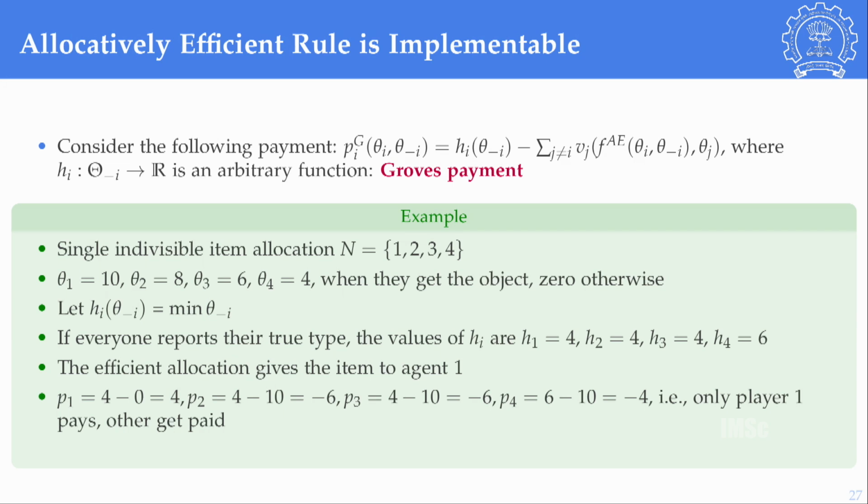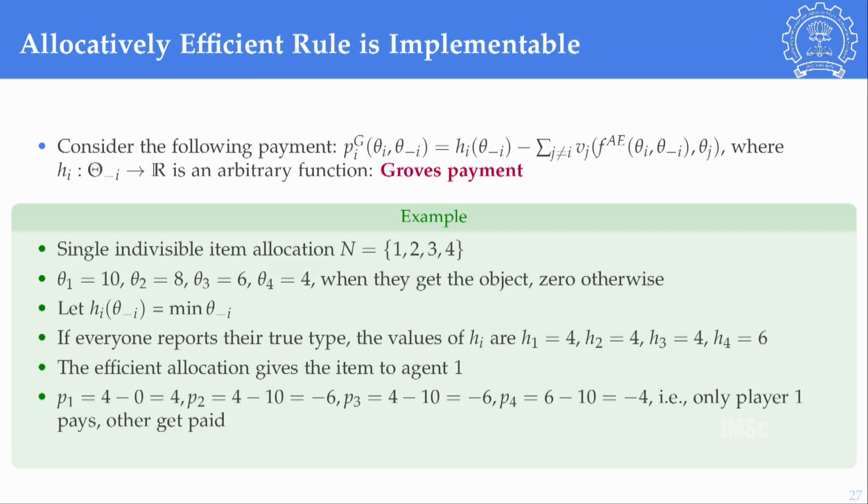This is the convention: whenever it is positive, that means player 1 is paying to the auctioneer or the mechanism designer, while for player 2, let us look at this. Now it will be H2, and H2 we have calculated as 4, but minus what should be this sum when we are looking at i equal to 2? We are summing over the valuations of all the agents except agent 2.